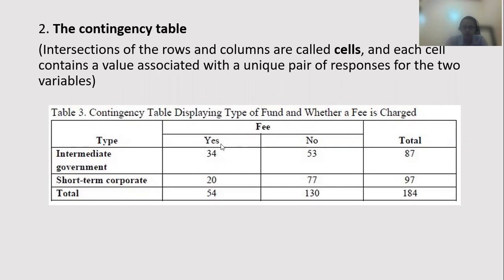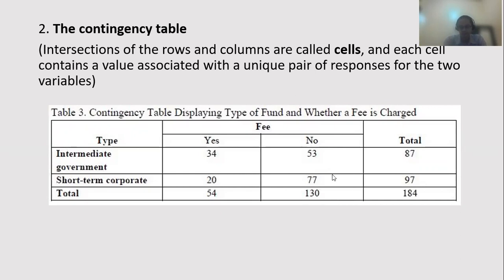So there are 34 counts, 34 instances or 34 responses that involve intermediate government and there is a fee charged. But there is intermediate government that is not being charged. How many? There are 53 responses. And the second type of fund is short-term corporate, and the fee is charged. Yes, there are 20 responses.